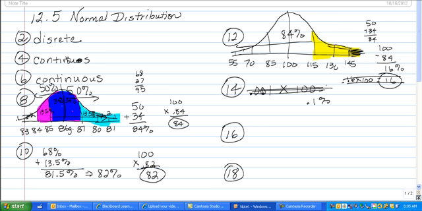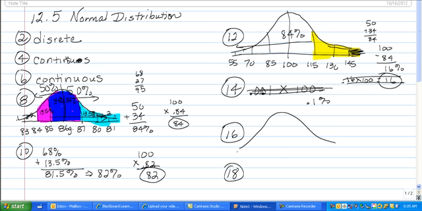Alright, in our next group, we have: find the percent of area under a normal curve between the mean and the given number of standard deviations from the mean. Note that positive means above the mean, while negative means below the mean. So we're doing these as percentages.